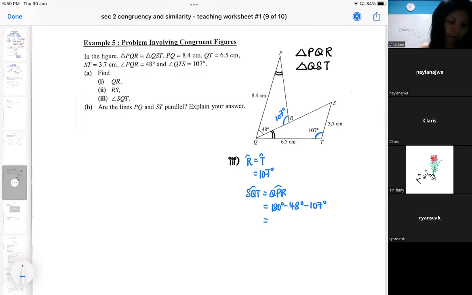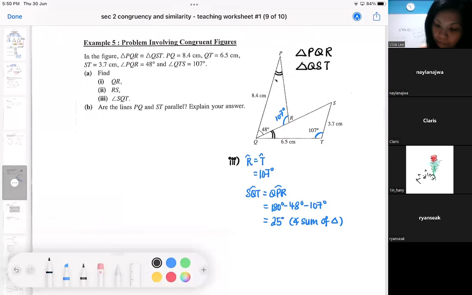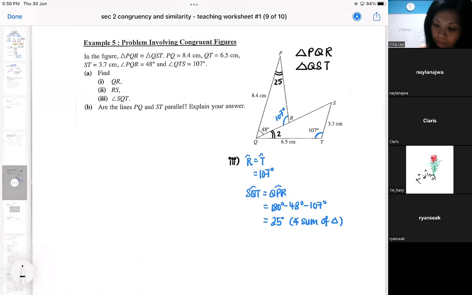Some of you may forget. If you forget, your teacher will get the chance to subtract marks. So angle sum of triangle. I found it to be 25. I hope I never press the calculator wrongly.